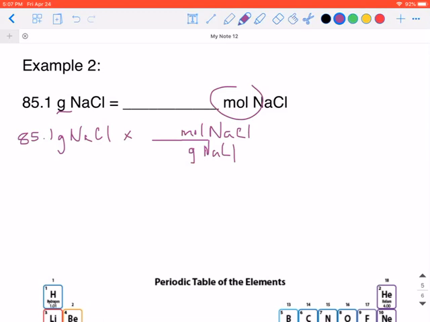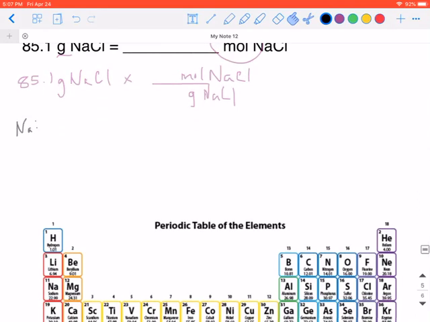So when I add up the molar mass of sodium chloride, sodium has a molar mass of, according to the periodic table, 22.99. Okay, and chlorine has a molar mass of 35.45.